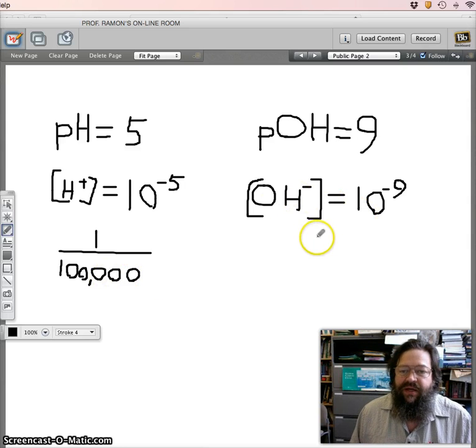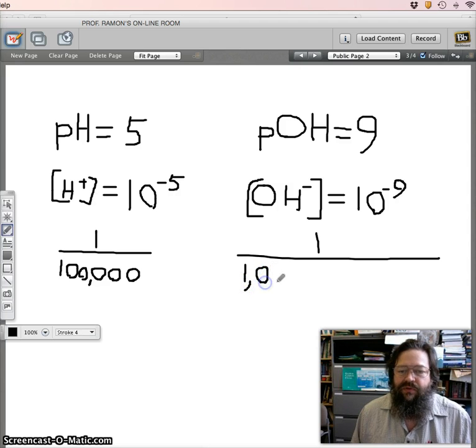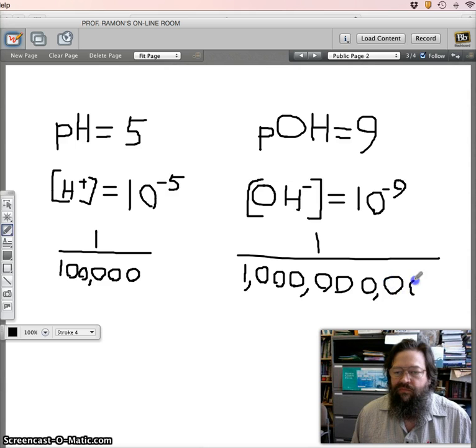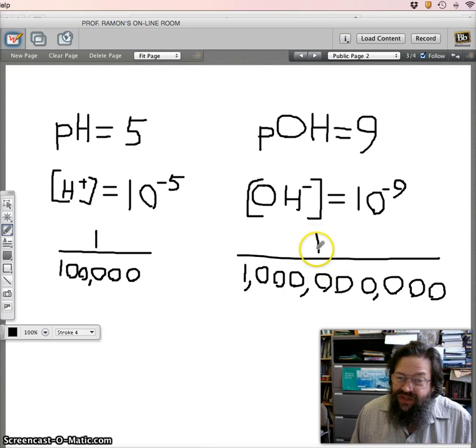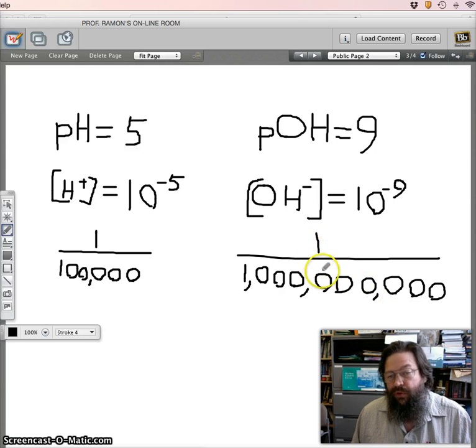The hydroxide ion concentration is 1 over a 1 followed by 9 zeros. So it's 1 hydroxide ion per 1 billion water molecules, or you could call it 1 part per billion.